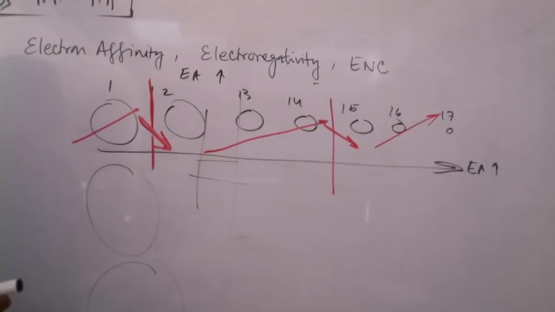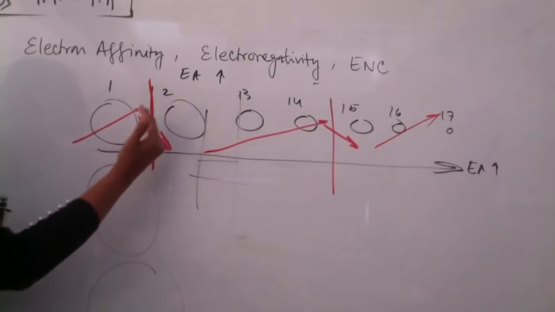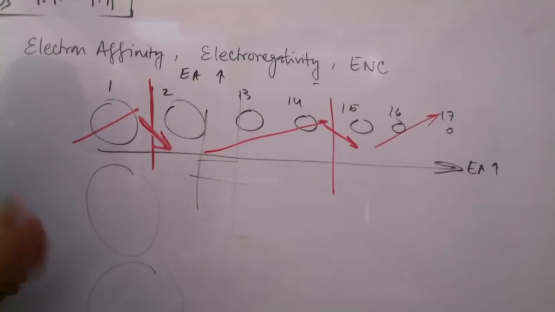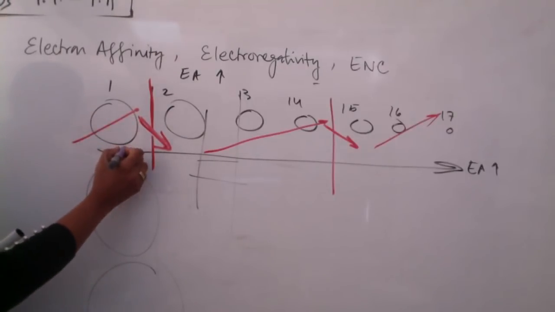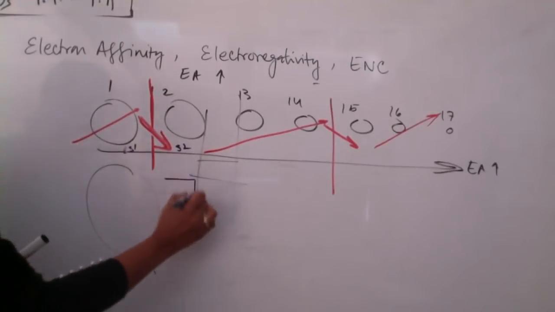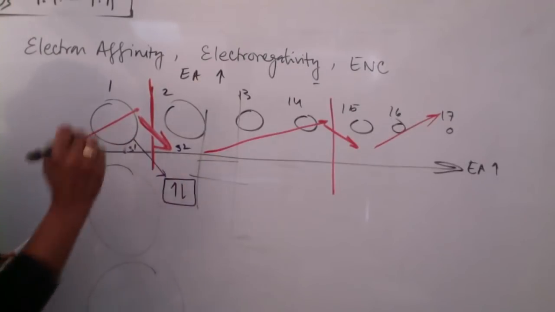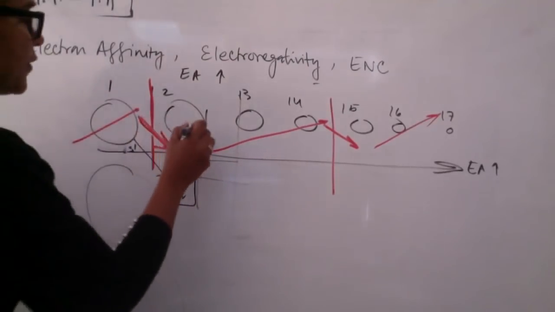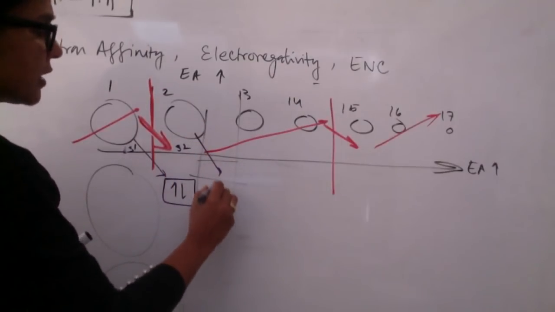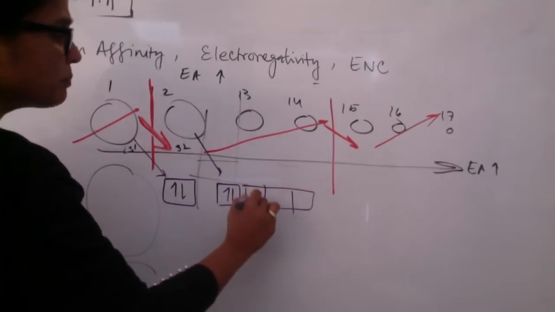The reason for these drops is exactly the same as for ionization energy, just shifted one group before, because now you're talking about adding electrons and not removing electrons. This is S1, this is S2. In S1, you are adding an electron to the S sublevel, but after S2, you are adding the electron to the P sublevel.